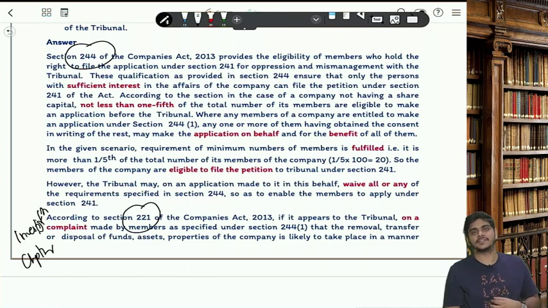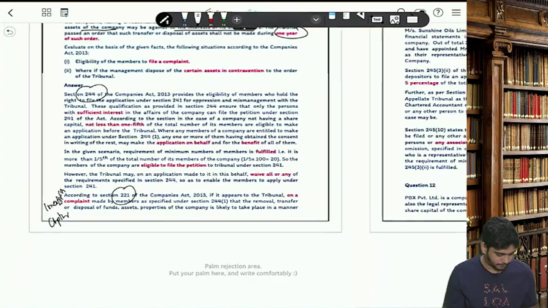The other 221 wala section you will not know right now because we have not done the investigation chapter. We'll be doing it in the next few classes. So guys, remember it is a mix of two: oppression and investigation chapter together.